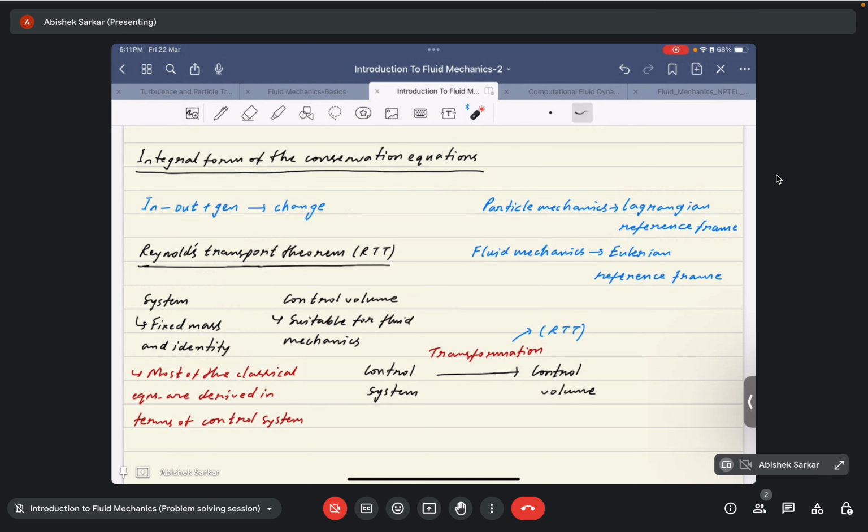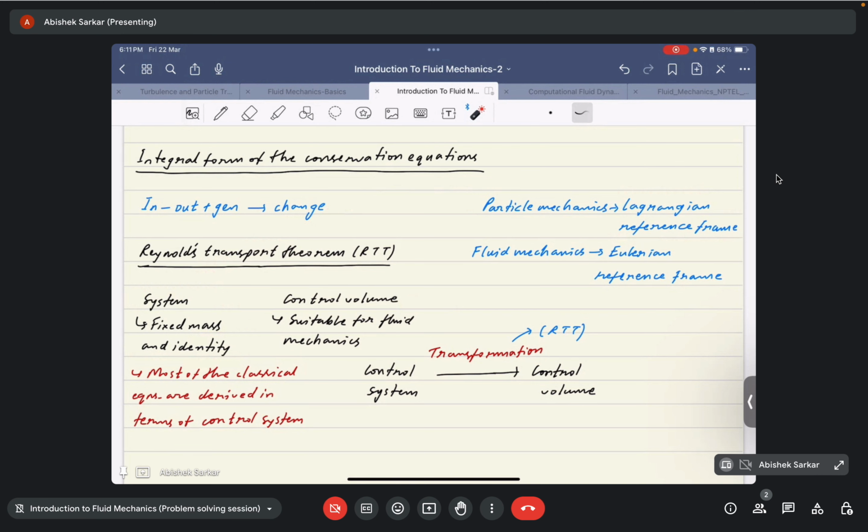Since the equations of classical mechanics that govern the conservation of mass or momentum were written for a control system, and this control system approach is not suitable for solving day-to-day fluid mechanics problems, we needed a tool or method to transform these initial governing equations.